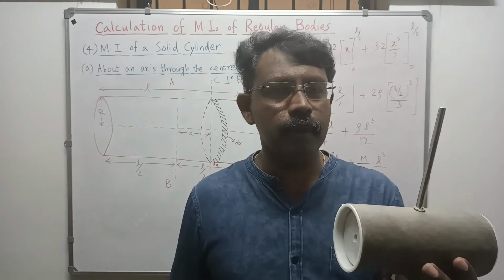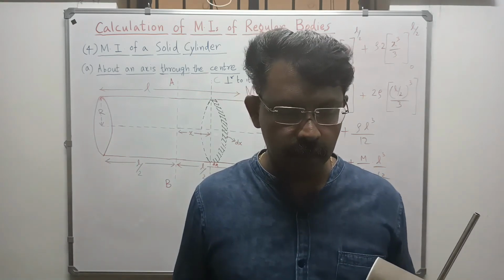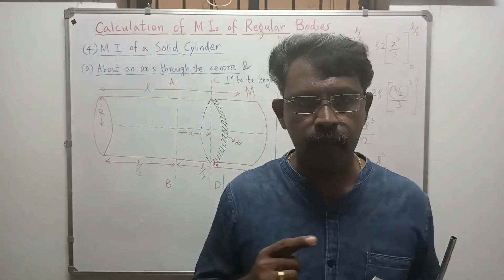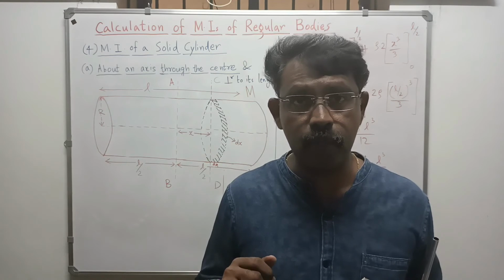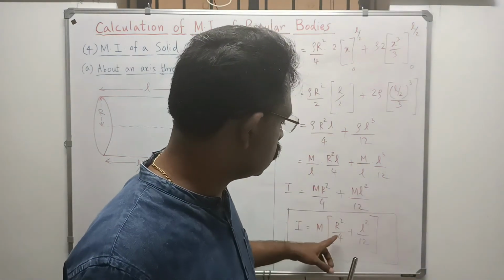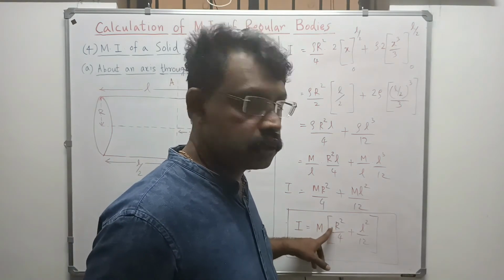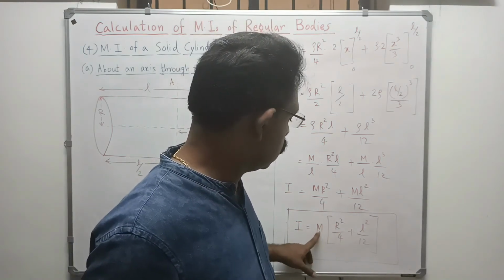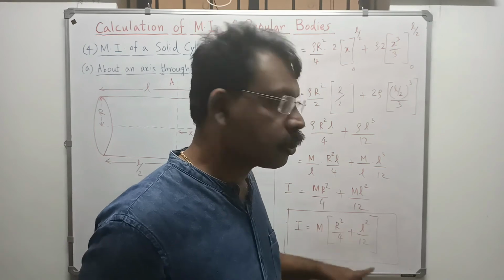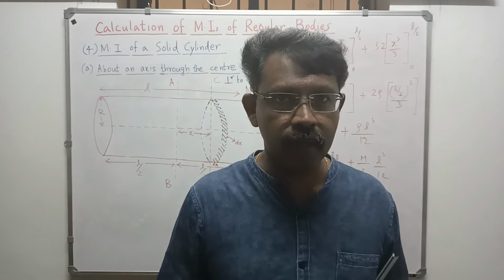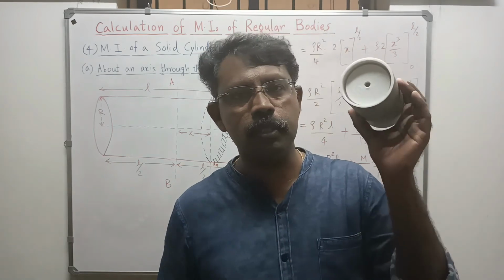And then we may be remembering like this. We got the moment of inertia of a rod about an axis passing through the center as m L squared by 12. In this equation, if you take r to be 0, what will you get? This term will be 0, it will be m L squared by 12, which is the same as the moment of inertia of a rod. This is a solid cylinder.